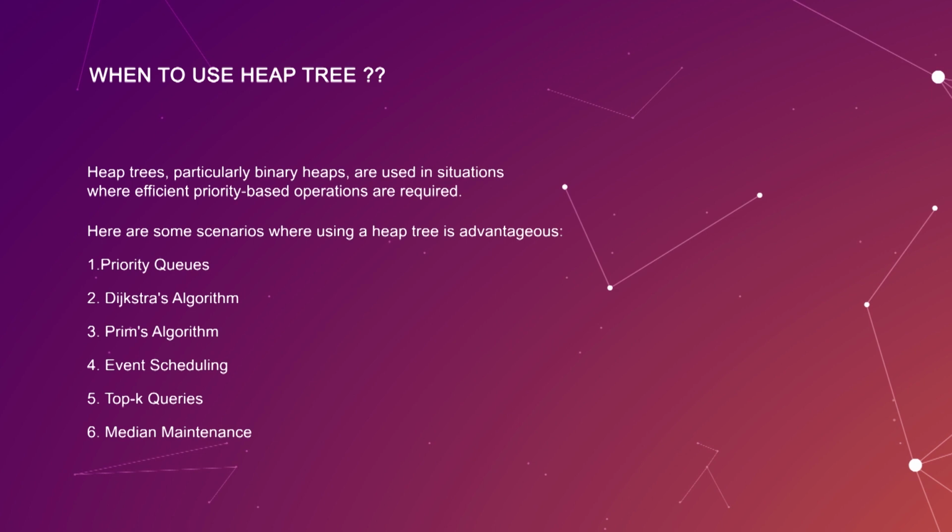Top k queries. If you need to find the k largest or k smallest elements from the data set efficiently, using a heap tree can help you to maintain and retrieve these elements without sorting the entire data set. Median maintenance. When you want to efficiently maintain the median of streaming data, a heap based approach can be used to keep track of elements larger than the current median and the elements smaller than the current median.